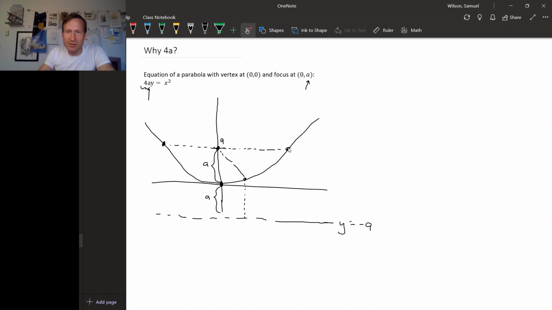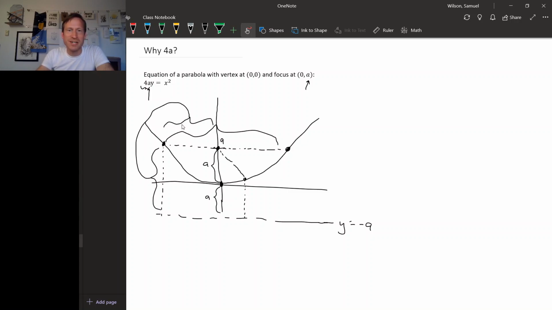So let's look at those 2 points. For example, we could ask, what is the distance between them? Well, we don't really know immediately what the distance between these 2 points is, but the distance from one of them to the middle, that's from this point to the focus. So that has to be the same as from that point down to the directrix.